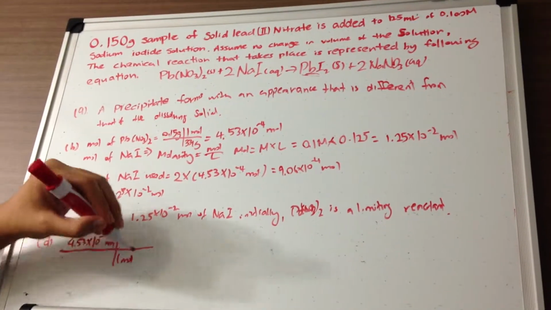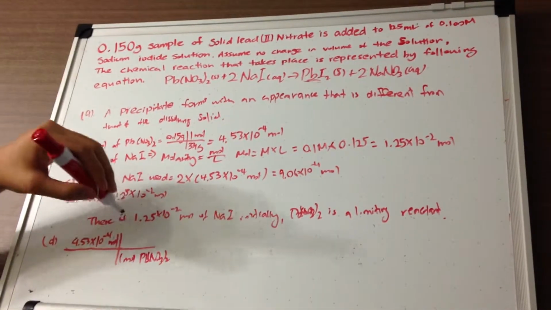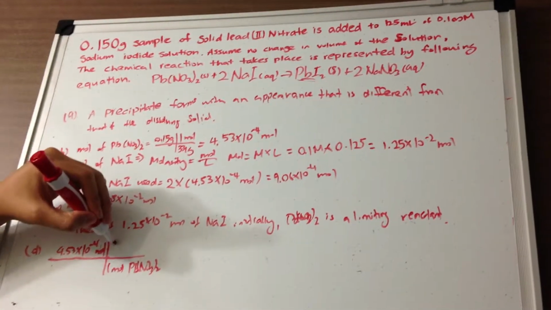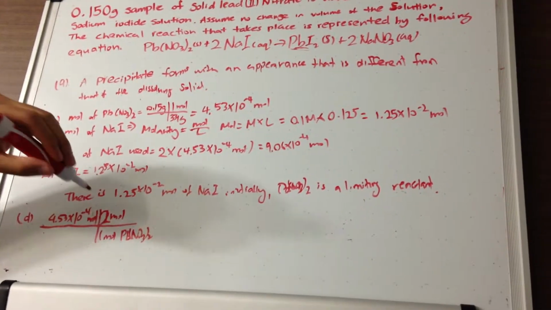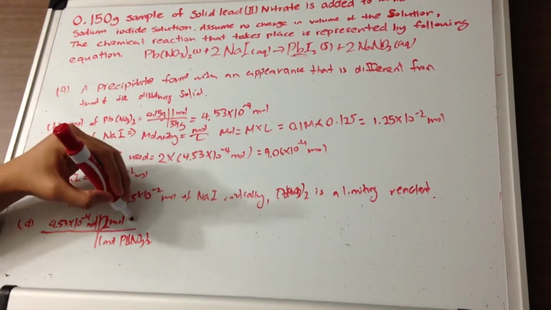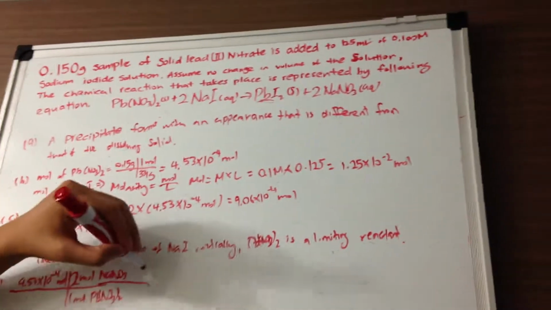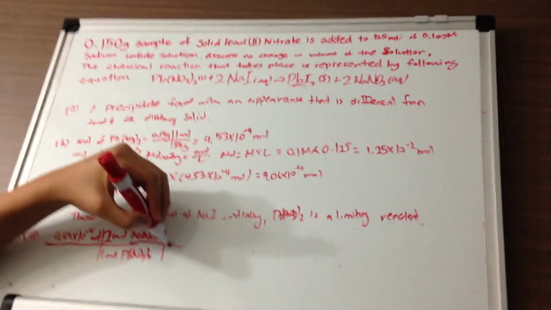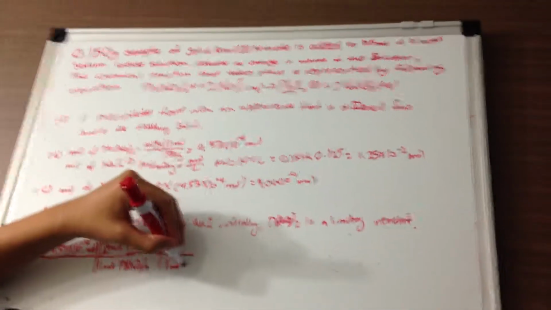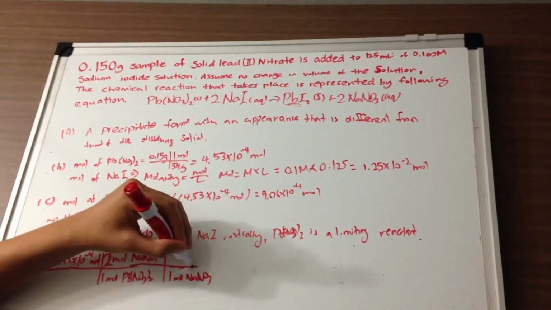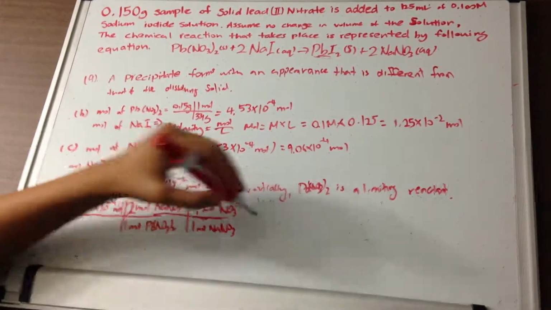That's 1 mole of Pb(NO3)2, and you put 1, and then it's producing 2 moles of NaNO3, and you can see 1 mole of NaNO3 produces 1 mole of NO3 minus.